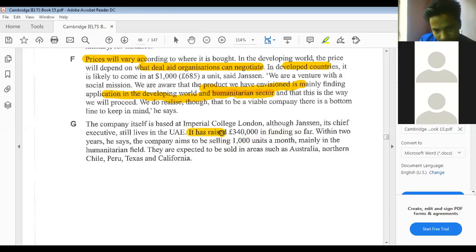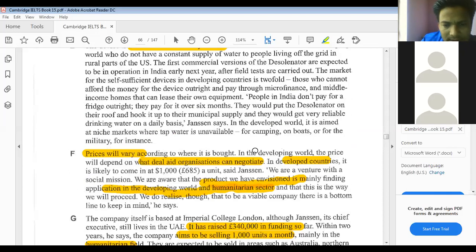Within 2 years, he says, the company aims to be selling 1,000 units a month, mainly in the humanitarian field. They are expected to be sold in areas such as Australia, Northern China, Peru, Texas, and California. What does it talk about? It talks about selling in all these countries.